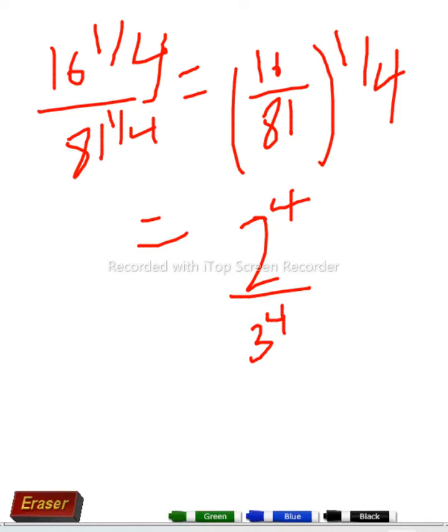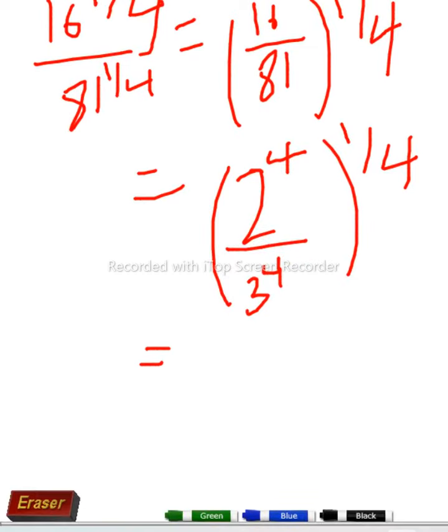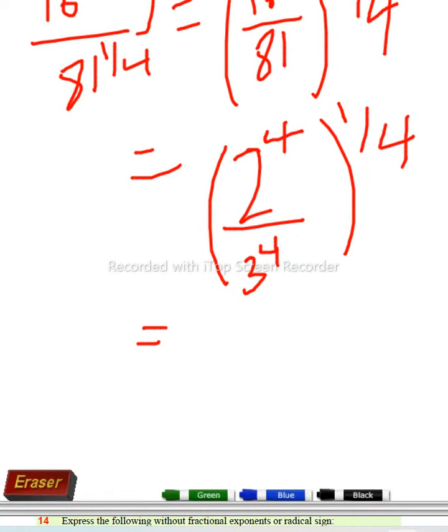And again we can take the same power, 1 over 4. Since they have the same exponent, we take it common.